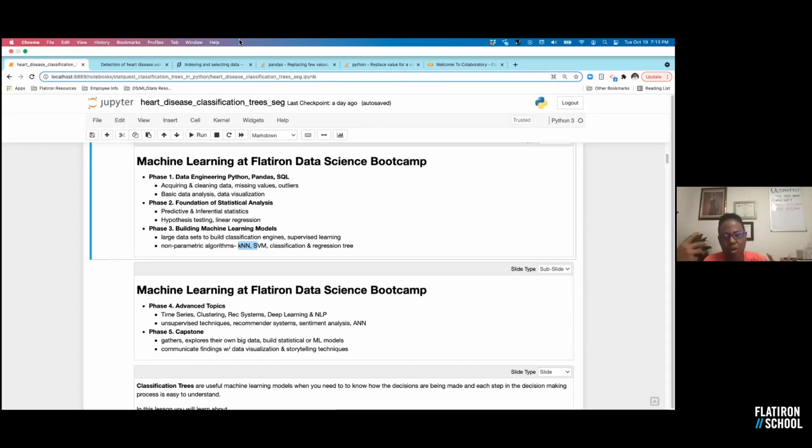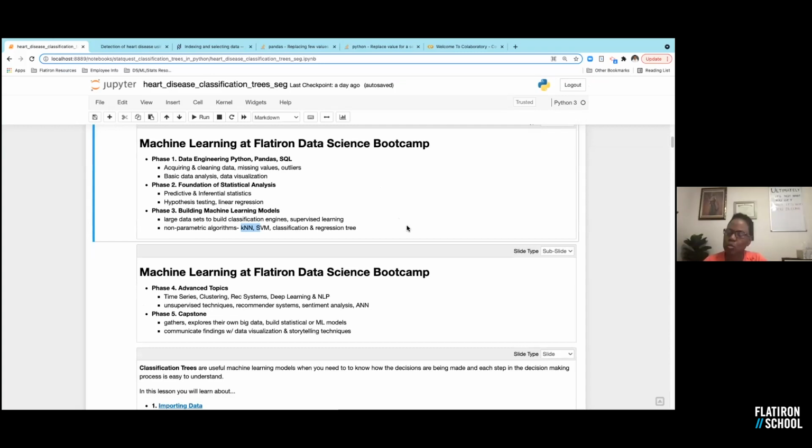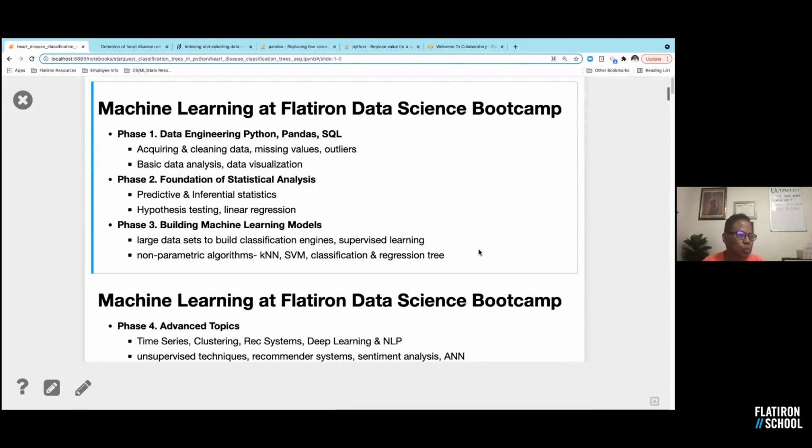And so now all the companies want to build recommendation models, so you need data scientists. The market is wide open as far as data science jobs are concerned. And then finally, phase 5 is where you build your own project.